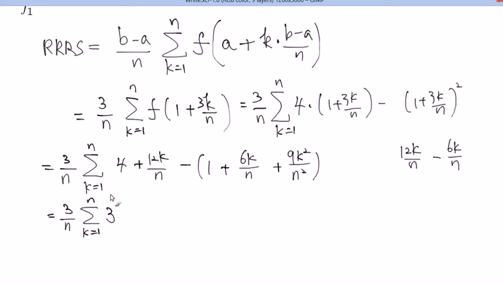So together, 6k divided by n. So how about this one? Is there anything like this one? k squared divided by n squared, that's it. So I'm going to write 9 times k squared divided by n squared, right? Alright, so that's simplified. What do you think our next step is if I write 3 over n outside and try to do something about this summation? What do we do?